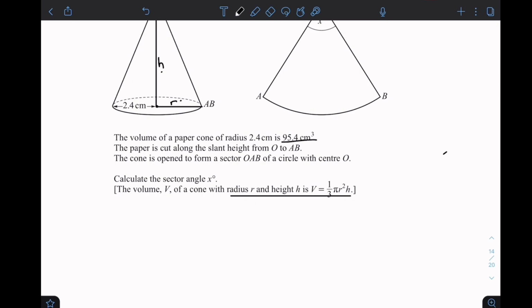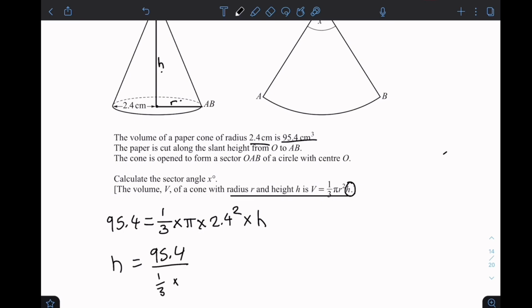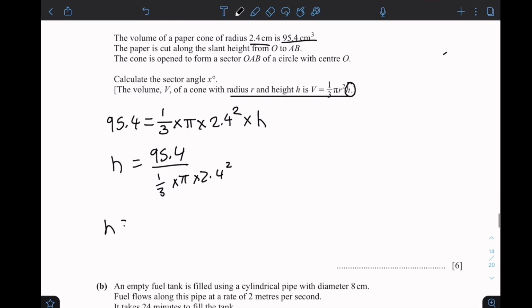We have been given the volume and the radius, but we do not know the height. So 95.4 is equal to 1 upon 3 multiplied by pi multiplied by 2.4 squared into h. If you make h the subject, it will be 95.4 divided by 1 upon 3 into pi into 2.4 squared.